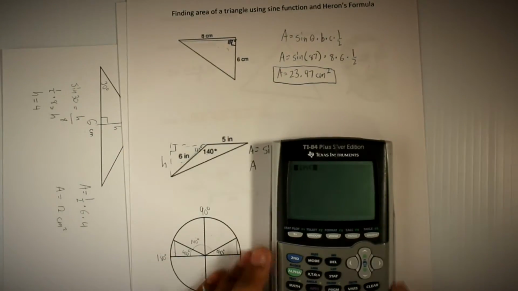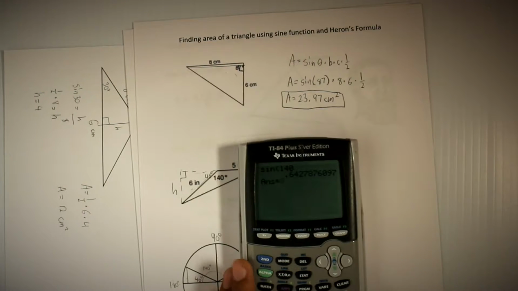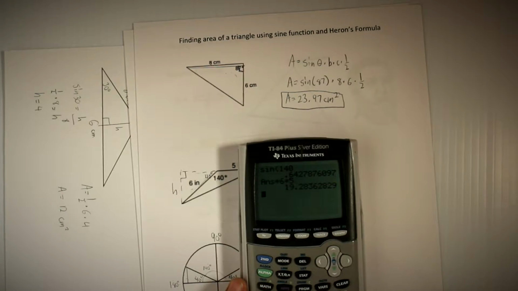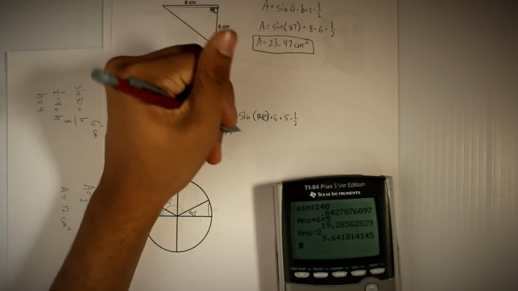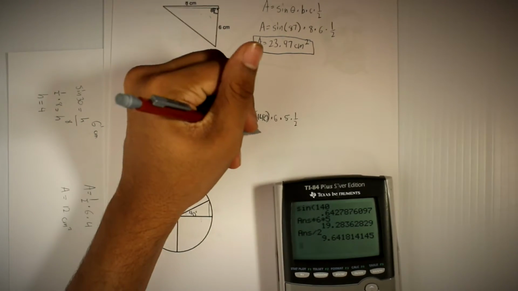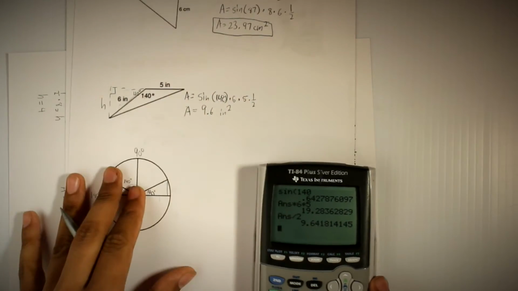We can plug it in here: sine of 140 times 6 times 5 divided by 2. This should give us an area of 9.6 inches squared. And you can do the same thing with sine 40 if you really wanted to.